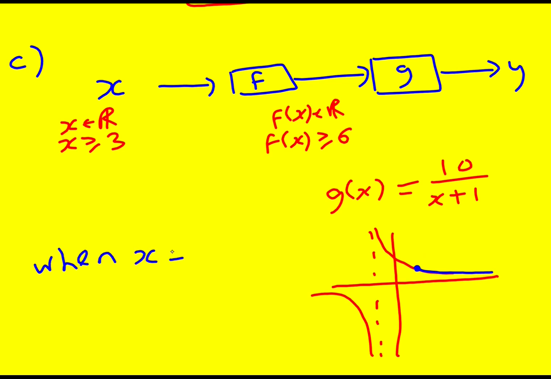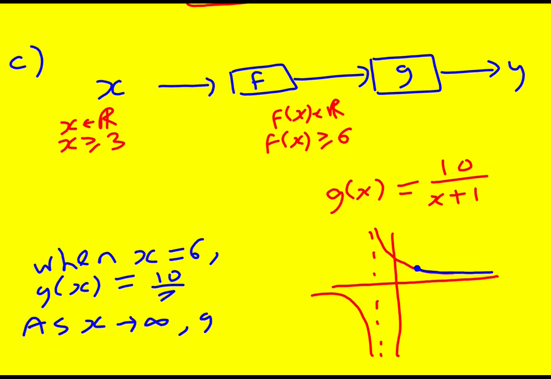So when x equals 6, g of x is equal to 10 over 7. And that's going to be the maximum value, in fact. And then as x tends to infinity, g of x will tend to 0, but it will never actually equal 0.